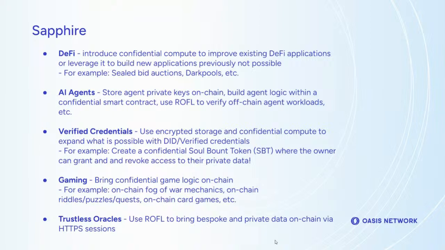Basically, you can query their verified credential. They can grant you permission to access that verified credential. Some compute can be done on their data, and then a Boolean expression can be sent back to you, where it's basically a 0 or 1. Yes, they qualify for this launchpad pool, or no, they don't qualify. So you're not actually exposing where they live. You're not actually exposing what their age is. You're just saying they've met this criteria.